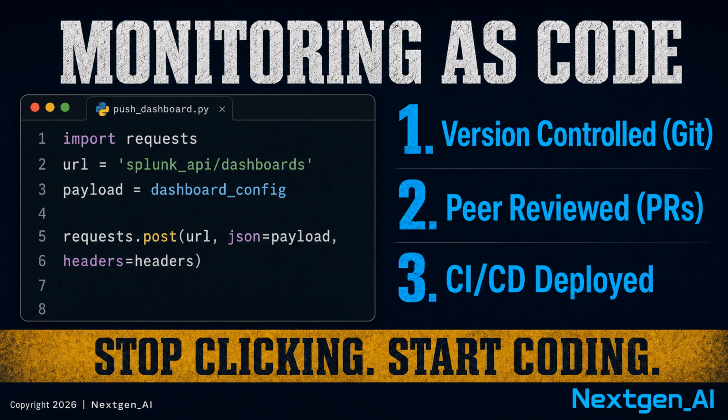This means dashboards, alert rules for Prometheus or Grafana, and especially our service-level objectives are all defined in code, perhaps using Terraform, Jsonnet, or dedicated configuration files stored in Git, reviewed by peers, and deployed through CI/CD pipelines.